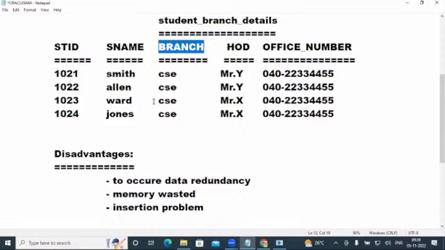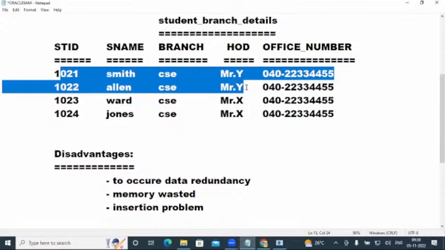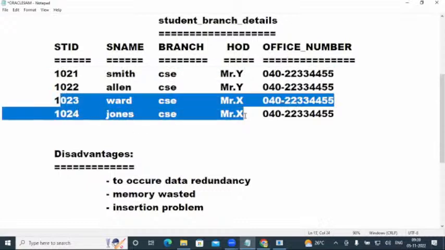We can't say. Why? Because in this table, as per the table information, some students' HOD names are showing as Y, some students' HOD names are showing as X. So people are confused about who is the HOD of CSC branch. And this kind of confusion is called a data inconsistency problem. Can you remember?